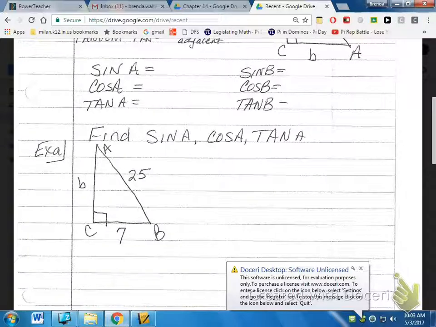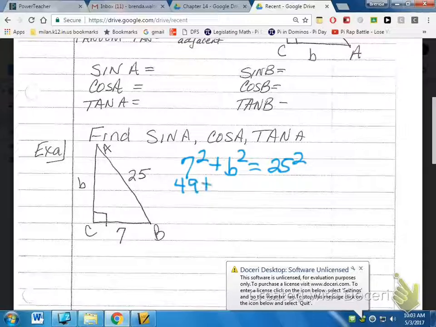All right, so the first thing you're going to do is find the value of B. So this is good. We weren't able to do lesson 10.5 Pythagorean theorem, but we've done it so much getting ready for the I-step. So you would have, first of all, 7 squared plus B squared equals 25 squared. And again, this is to find the value of B. So 49 plus B squared equals 625.